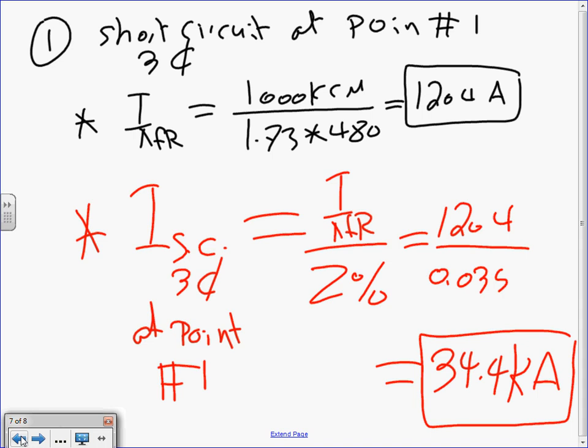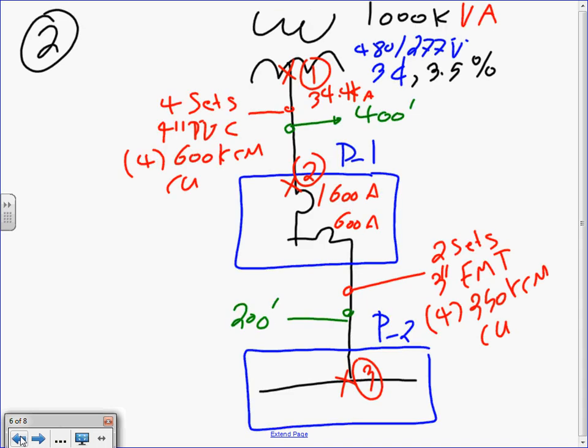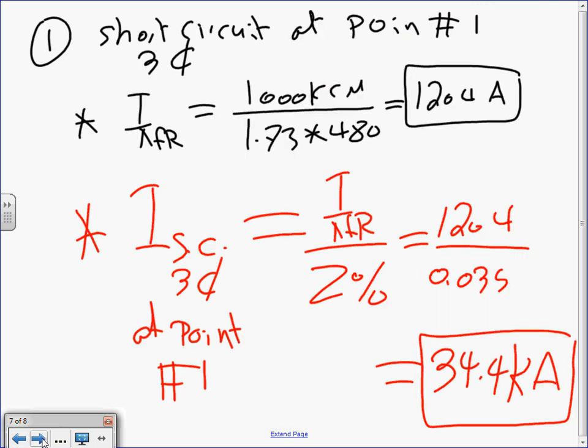Now, some of you guys might wonder, look at that. The full load current of the transformer is lower than what my panel is rated for. That could be typical. The utility controls the transformer, so they give you a size typically 25 to 50% lower than what you ask for. If you look at my panel, it is 1600 amp, but my transformer full load current is 1200 amp. So what happened to the other 400 amp?